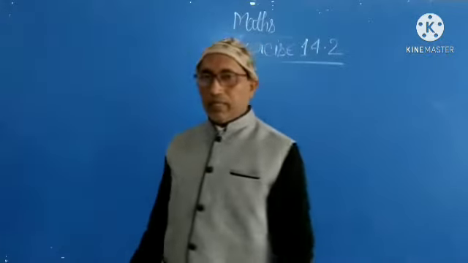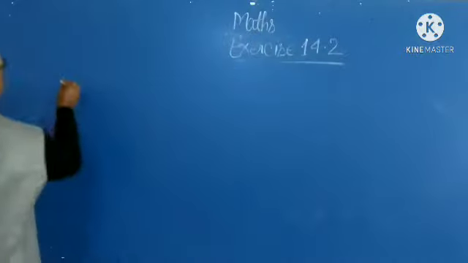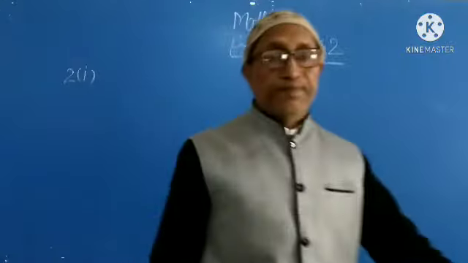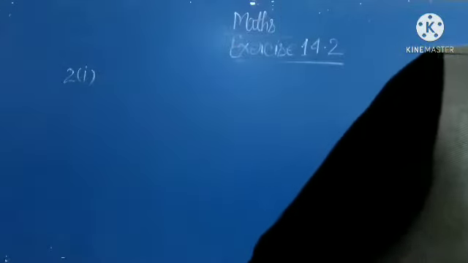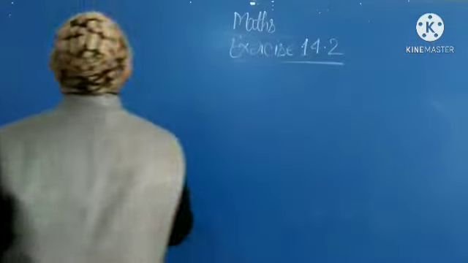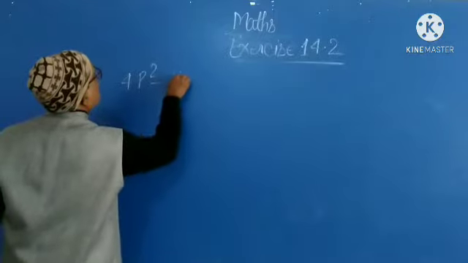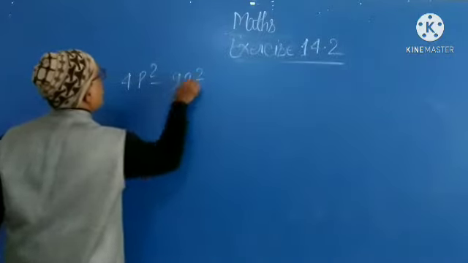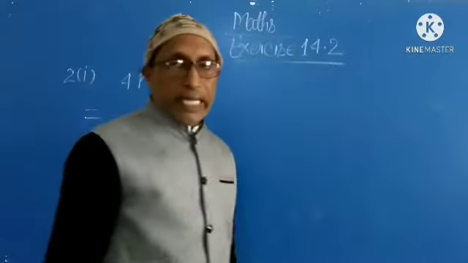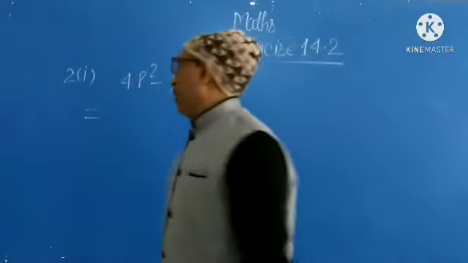Exercise 14.2. Question number 2. First part is factorize 4p square minus 9q square. First of all, you write this expression in the form of a square minus b square.